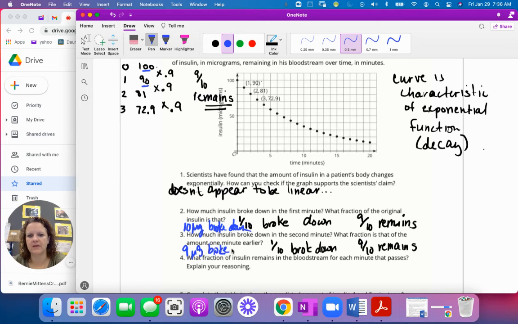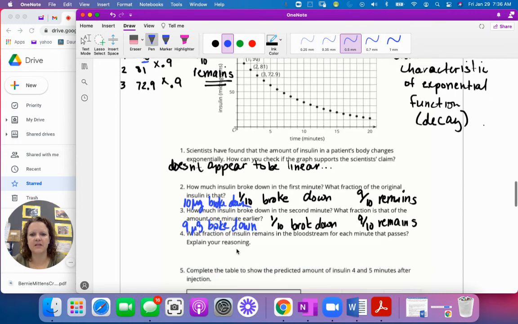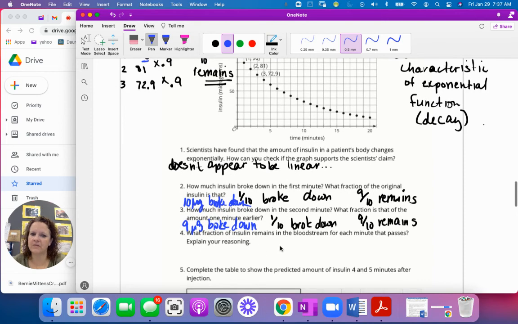So there 9 micrograms broke down, which is 1/10 of the amount. 9/10 remains. What fraction of insulin remains in the bloodstream for each minute that passes? Explain your reasoning. All right, 9/10 remains. Got ahead of myself.